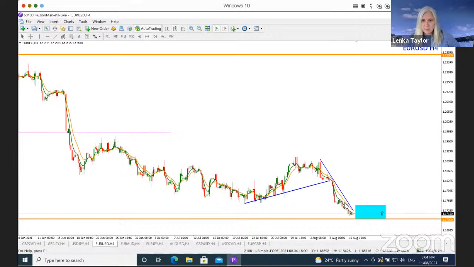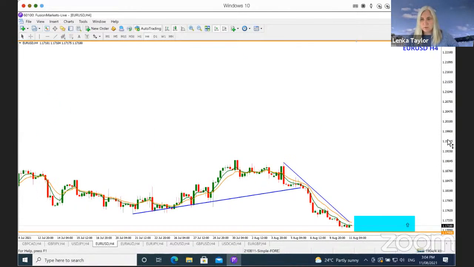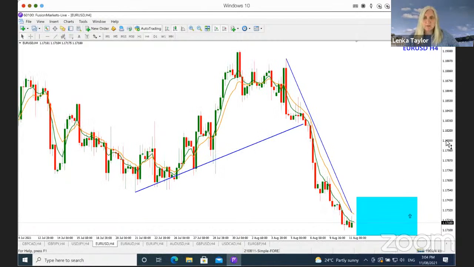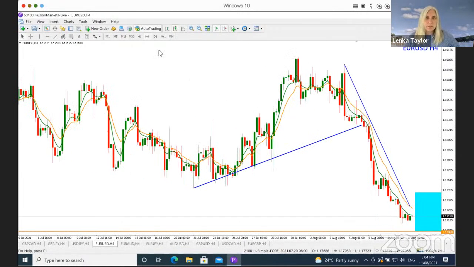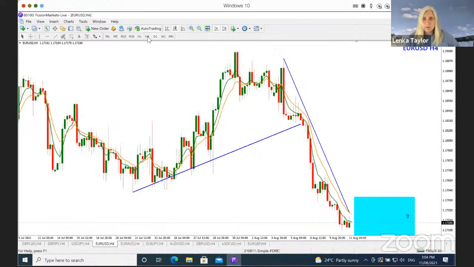There was a level here where I was looking for long from then. And at the moment, the setup is looking quite good at that horizontal level at 1.17. So let's see what happens there. If there are maybe a couple of bars going sideways and then a reversal, then I'm looking for long.